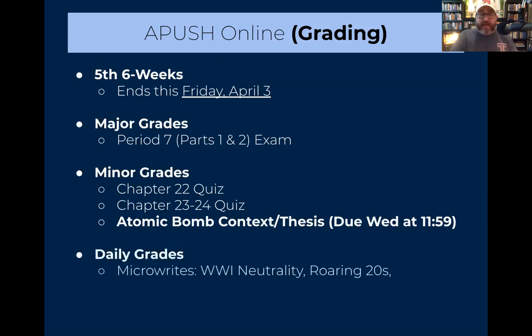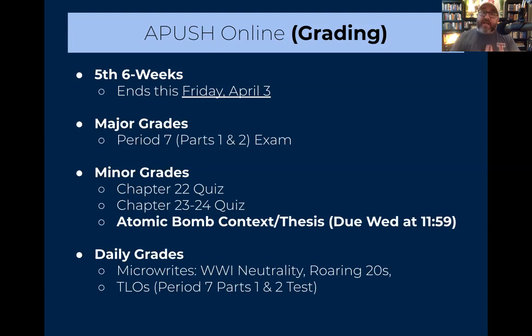And then the daily grades, which you already have in HAC, if you look at your Home Access Center, you'll see the World War I neutrality and the Roaring Twenties micro-write, along with the TLOs for period 7, parts 1 and 2 test. I want you to look at HAC very carefully, because if you have anything missing in those grades, particularly with the TLOs, I want to provide you with an opportunity to make those up throughout the week as well.